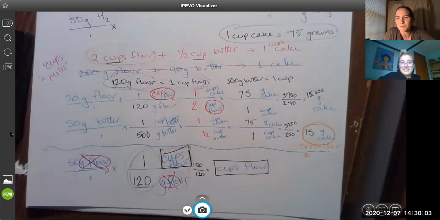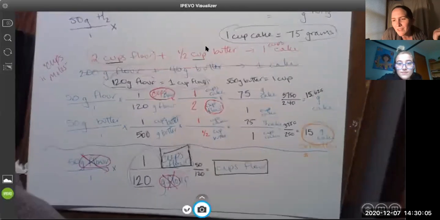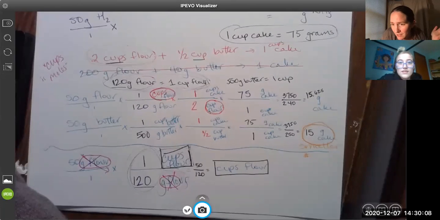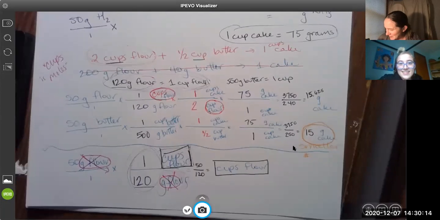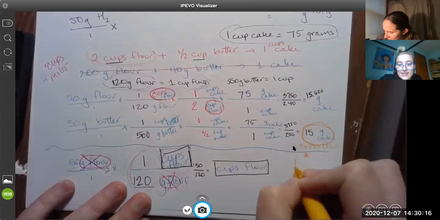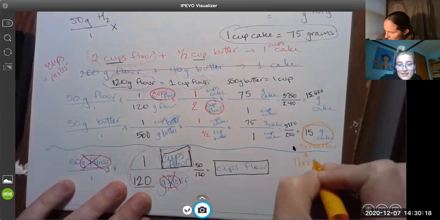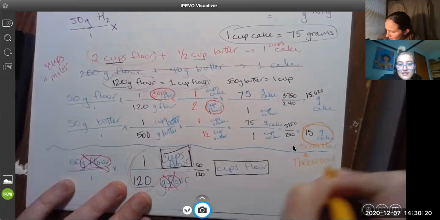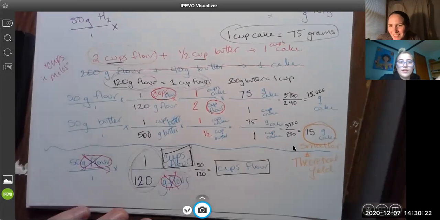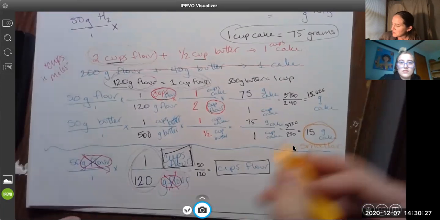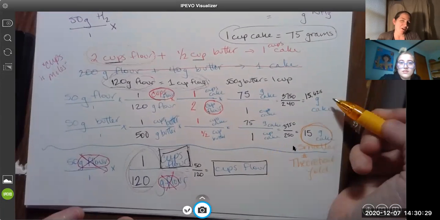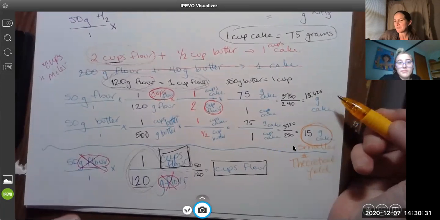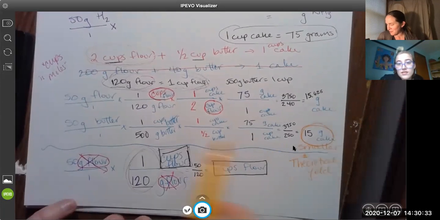And is the bigger number the actual? The bigger number doesn't really matter, because at this point we've run out of butter.